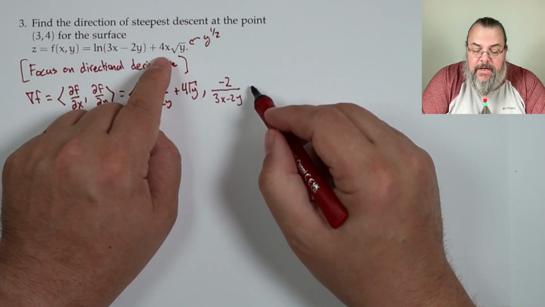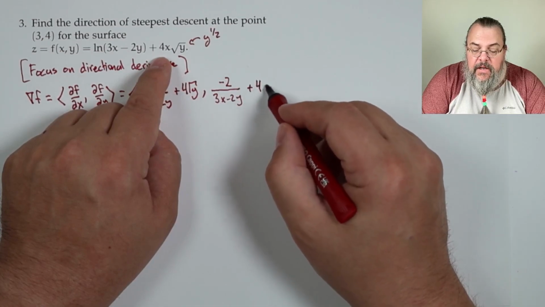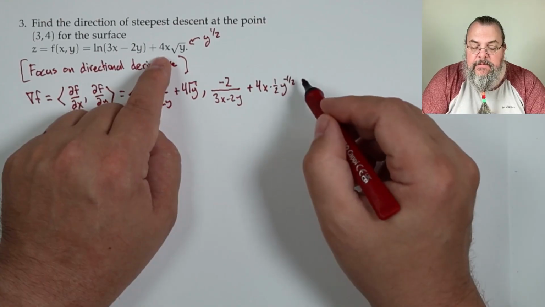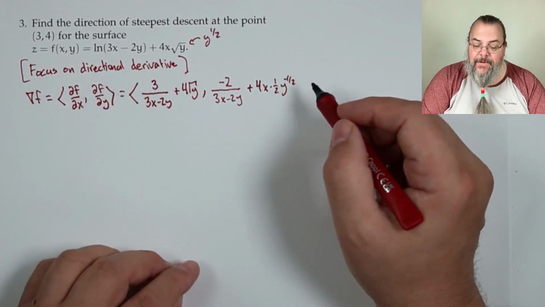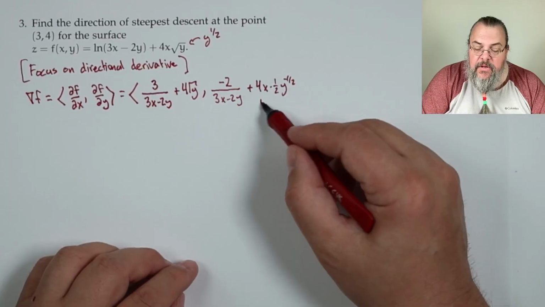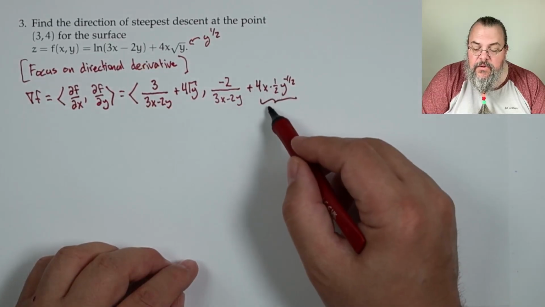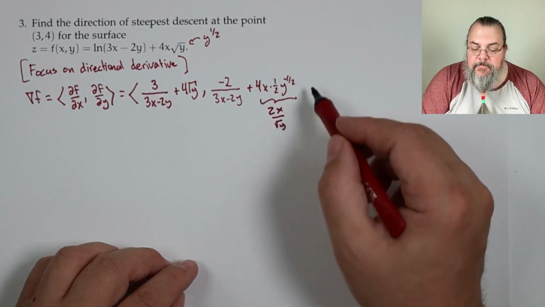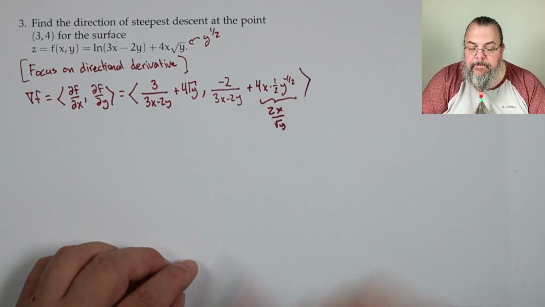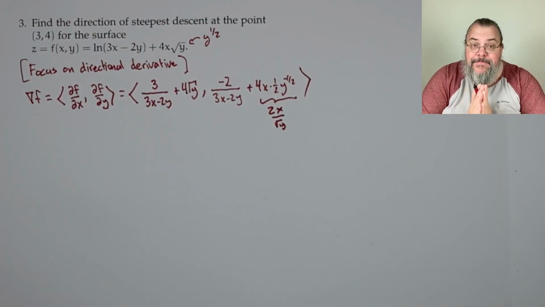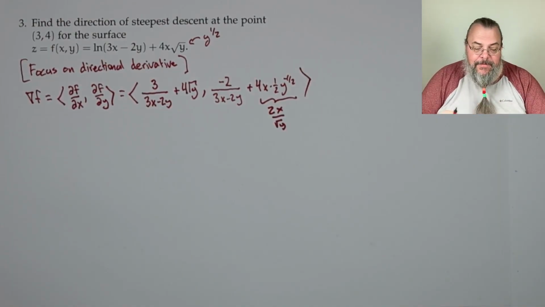So we're going to have a plus 4x times 1/2 y to the negative 1/2. Okay, that's fine. And we can clean this up if we wanted to. This becomes 2x over square root y. There we go. Now, that's the gradient of f.